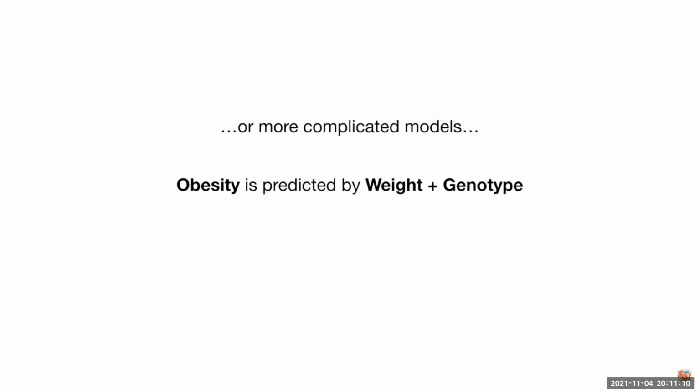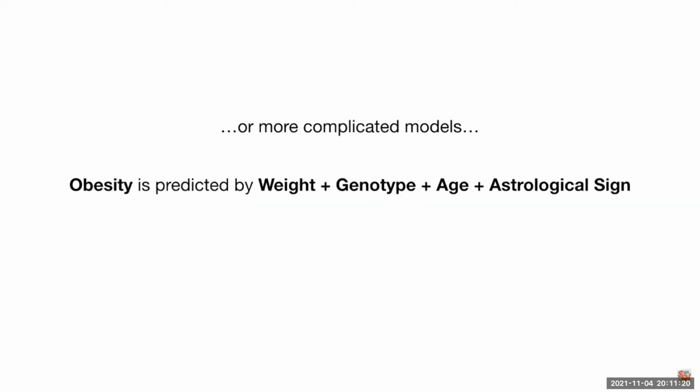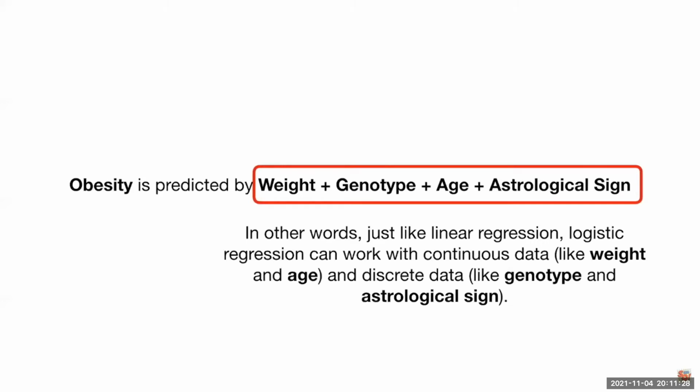In this case, obesity is predicted by weight and genotype. In this case, obesity is predicted by weight and genotype and age. And lastly, obesity is predicted by weight, genotype, age, and astrological sign. In other words, just like linear regression, logistic regression can work with continuous data like weight and age, and discrete data like genotype and astrological sign.